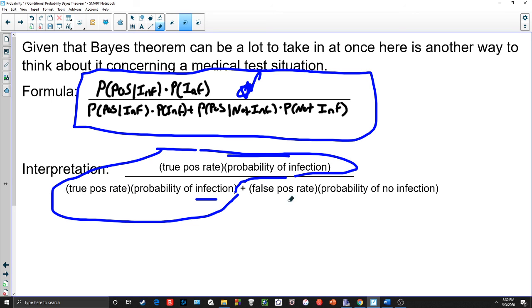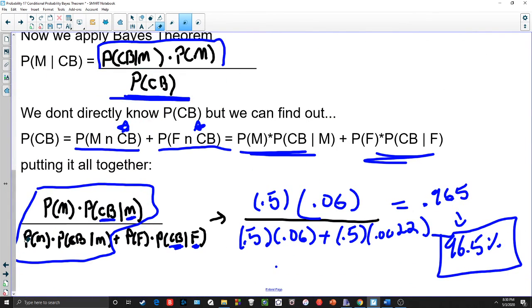True positive, false positive. Chance of infection, chance of no infection. And it's the same here. We have probability of male, probability of female. Colorblind given male, colorblind given female. So if you remember half of Bayes' theorem, you basically memorize it all because the last part of the denominator is just a reverse of the first part.